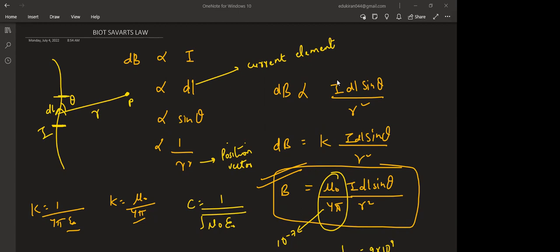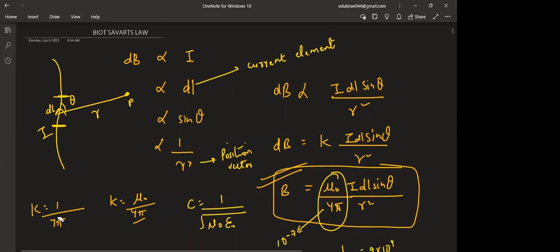And wherever we use it, a constant of proportionality will come. Here I have written it as K, but the value of K is mu naught by 4 pi, which is 10 to the power minus 7. This is similar to 1 over 4 pi epsilon naught, which we write in electrostatics.